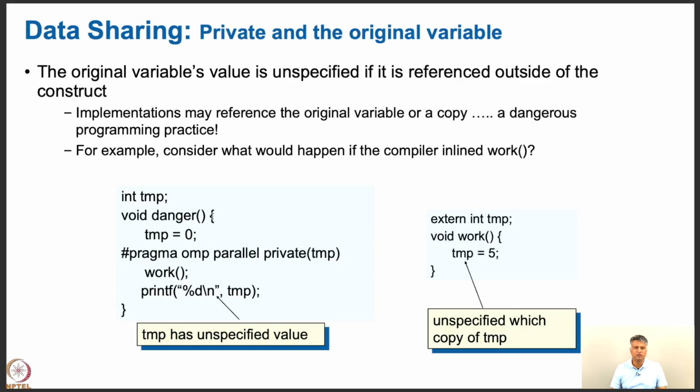So for example, if you take this particular bit of code where I have some function and I say the variable temp is private, and I am calling this function work, and I do not know what this variable is. What is this unspecified copy of temp? So temp will end up having an unspecified value, and when you printf it, we don't know what's going to come out. So this is sort of a dangerous use of private.